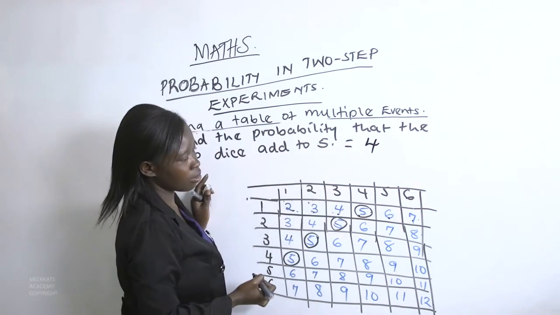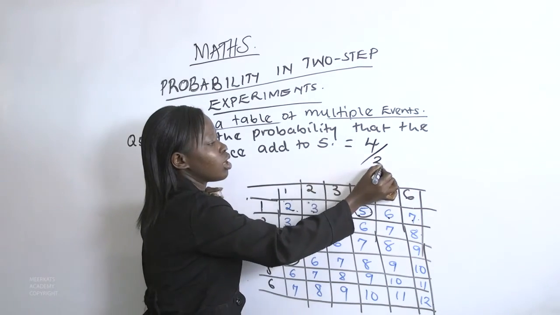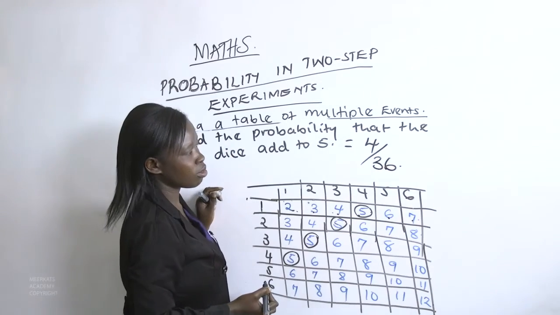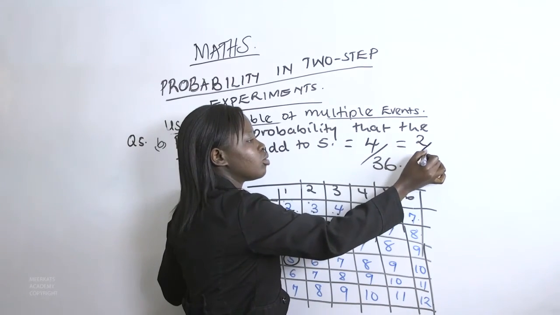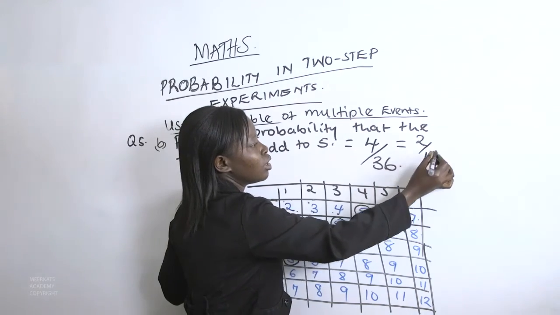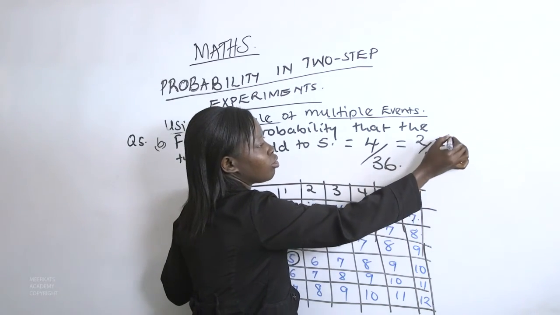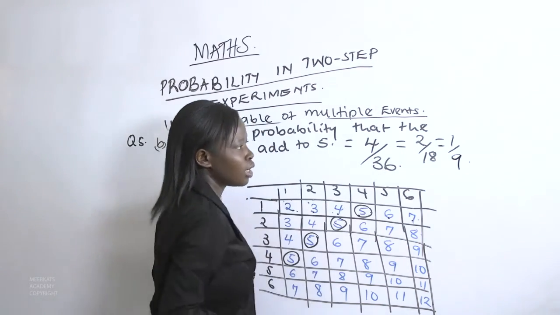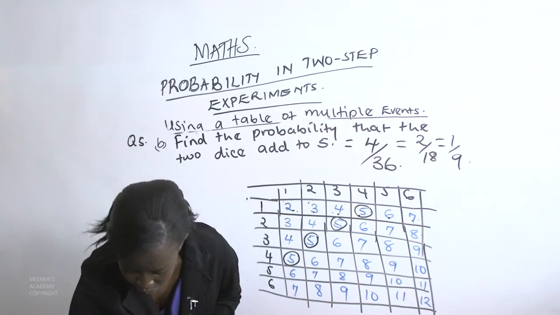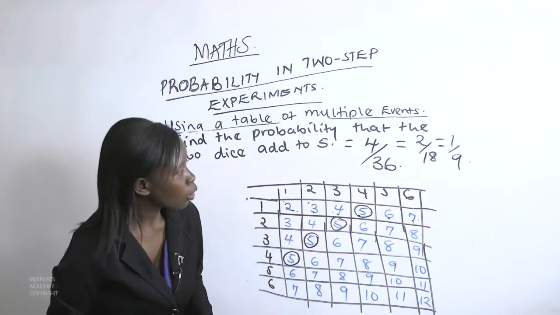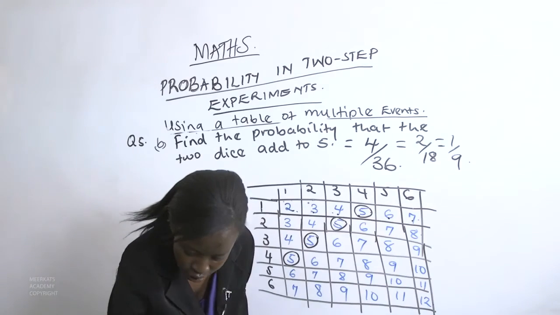Total outcomes are 36. So 4 out of 36, if I simplify, I have 2 out of 18. Further simplifying, I have 1 over 9. So the probability that the number adds up to 5 will be 1 over 9.